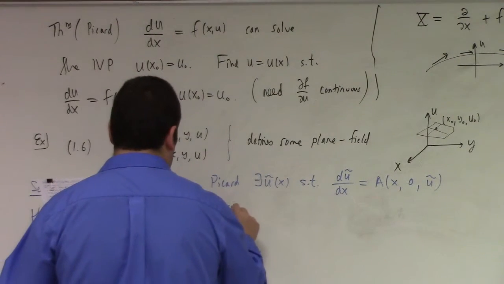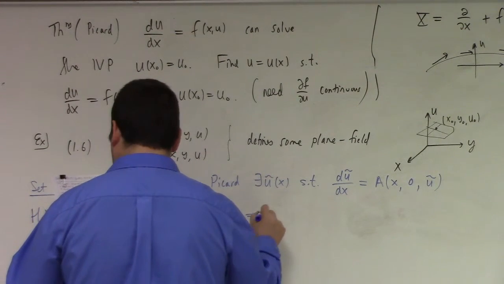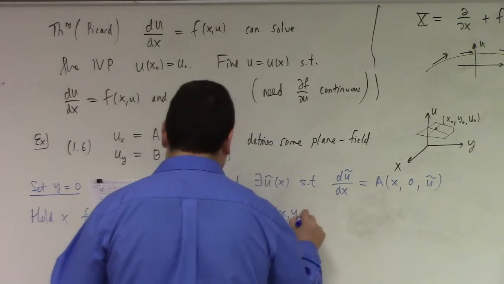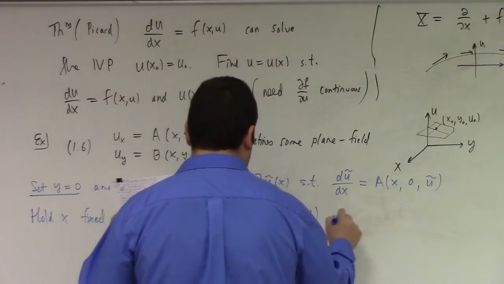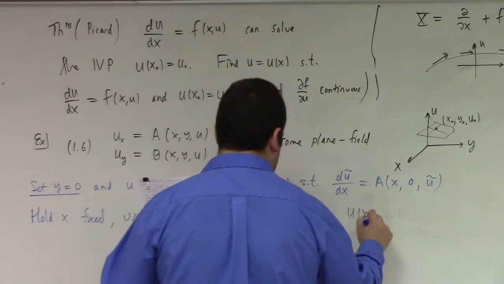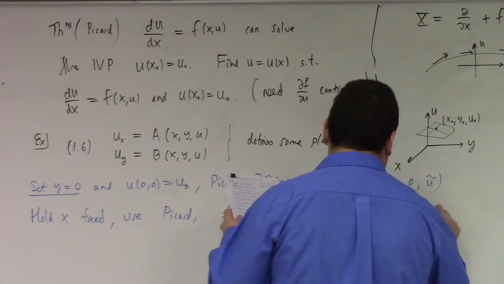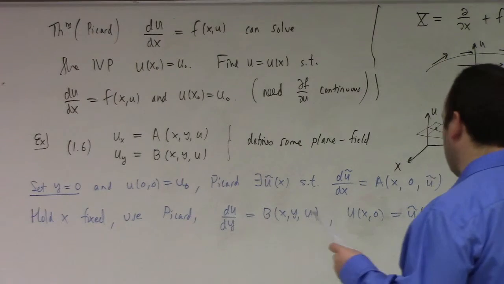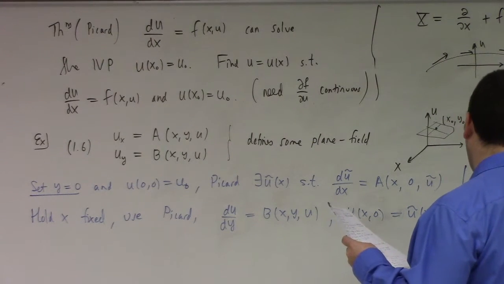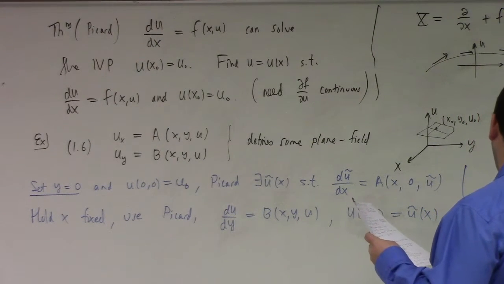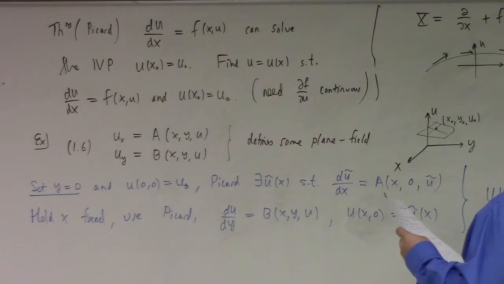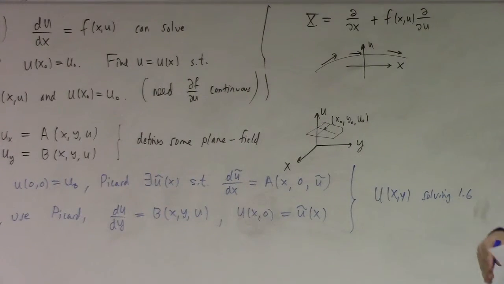And you get a solution to du/dy equals b of x, y, u with the initial condition u of x, 0 equal to u tilde of x. All right. Anyway, all this together, we get u of x, y solving 1.6, basically by integrating one variable while holding the other fixed, then integrating the other, holding the first fixed.